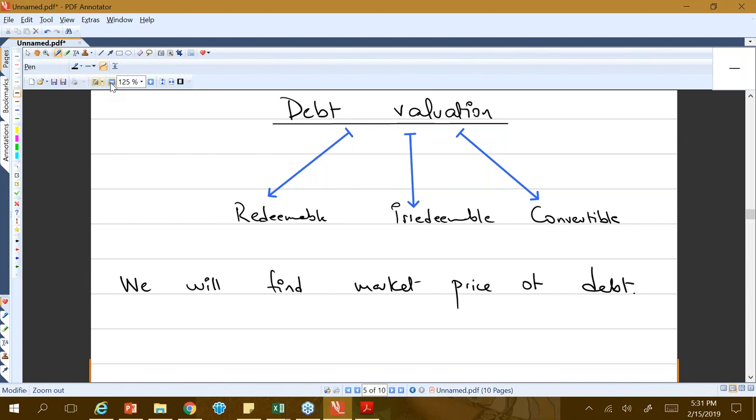Can anyone here who attended my session on business finance tell me where did you see me using the market price of debt on session 2?